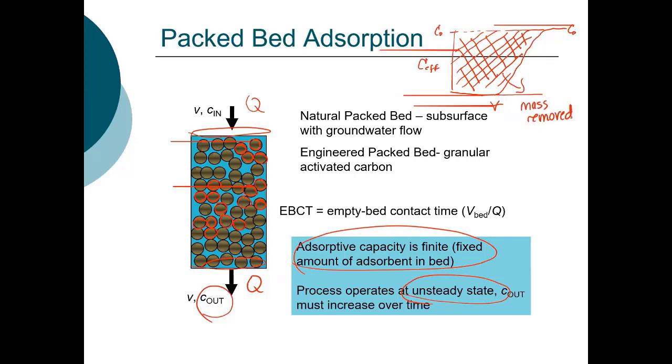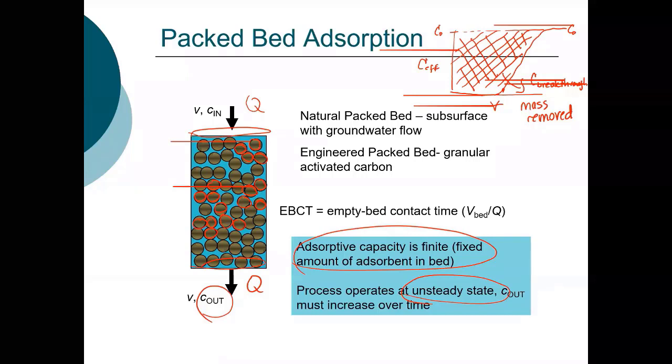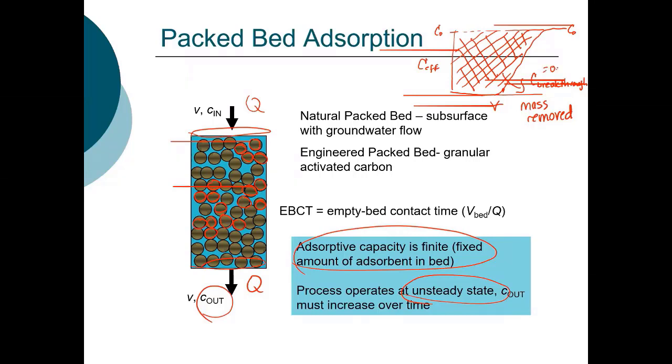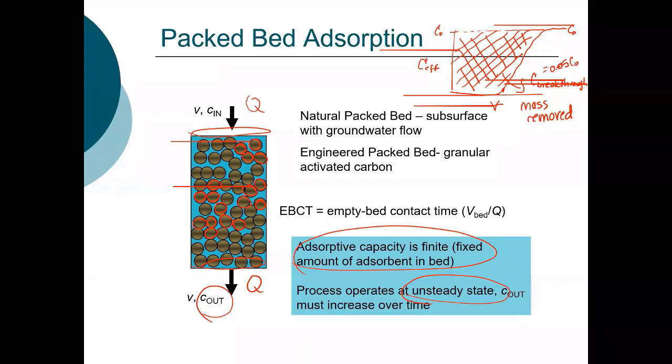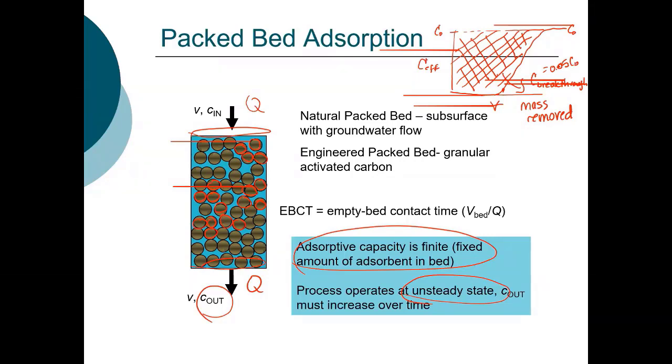We will also talk about what is referred to as a breakthrough concentration. And that concentration is defined, often we'll refer to it as 0.05, 5% of C naught. However, in actual operation, that is often dependent on a regulatory limit.